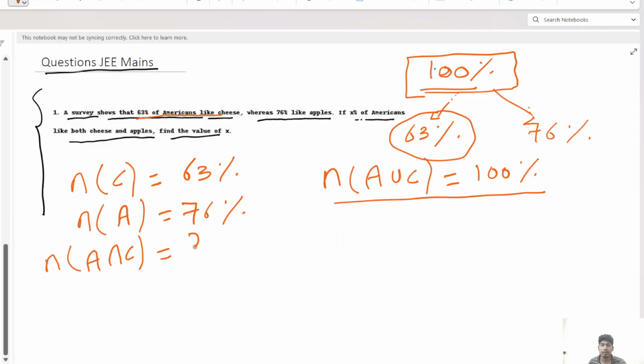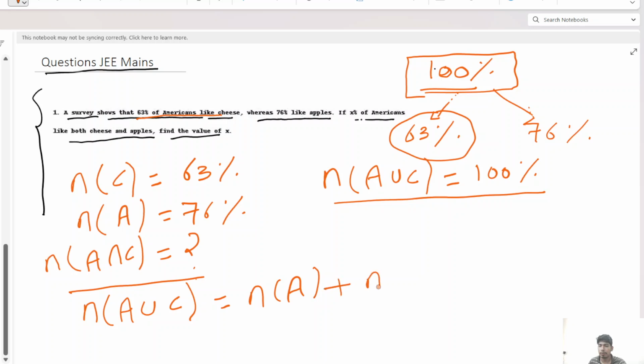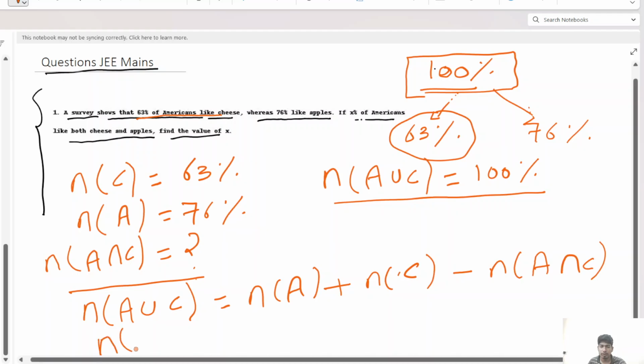We know that n(A union C) is n(A) plus n(C) minus n(A intersection C). Here it is C, not B. What is asked in the question?